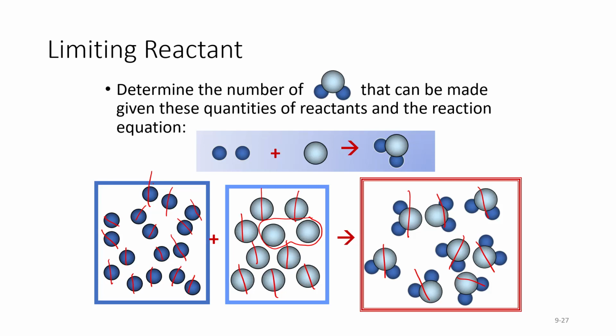This is what our limiting reactant is. The limiting reactant is the reactant that limits how much product we can make. So in this example, the hydrogen is our limiting reactant, and we have excess oxygen.